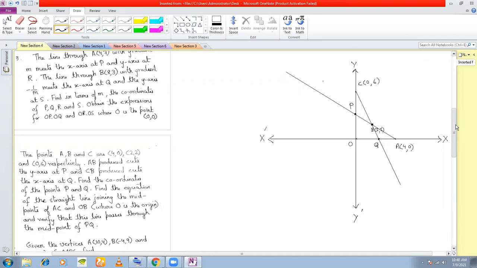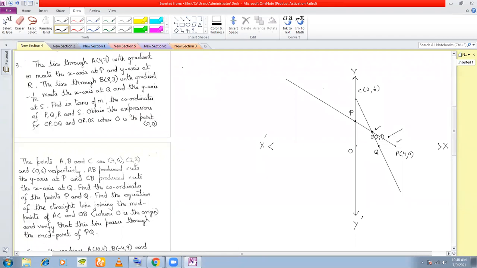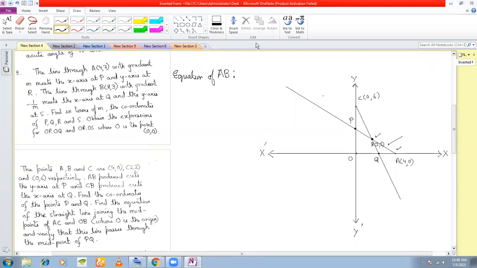Okay. How do you find out the coordinates of P and Q? First of all, you see this point A and B, you find out the equation of this line, AB. So what is the equation of AB? You know 2 points on AB, A and B. Which form will you use? You will use the 2-point form, right? So write the coordinates first.